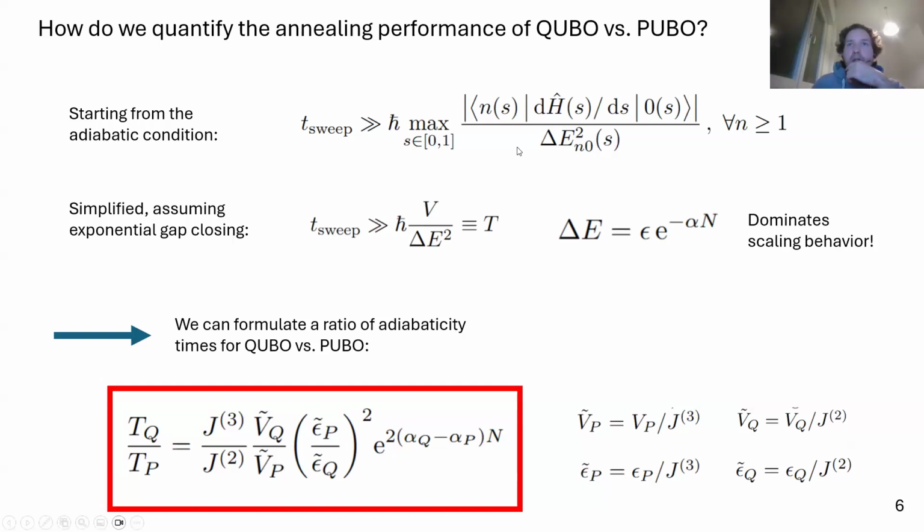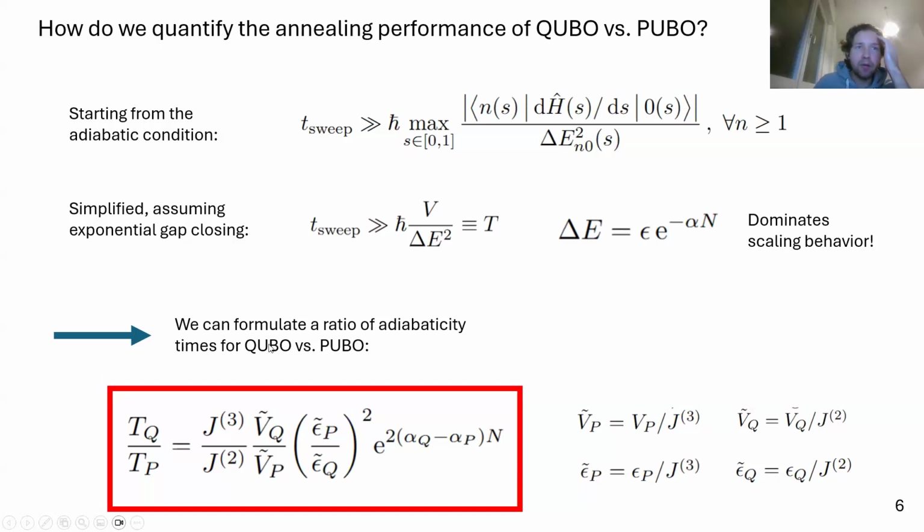If we start at the top from the adiabatic condition, written in a more simplified form, we just have the minimal energy gap between the ground state and first excited state, and V is the matrix element, which usually only scales polynomially. If we have a hard problem where this energy gap closes exponentially in system size n, then the annealing time, or T sweep, is dominated by this gap closing of the energy gap.